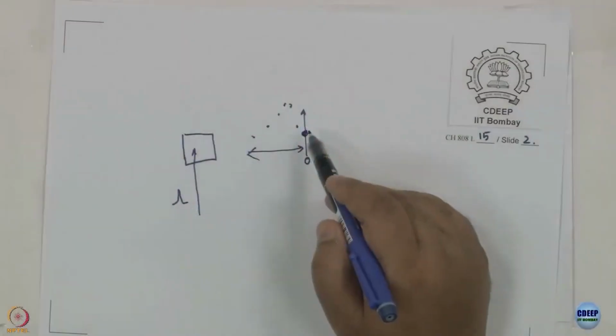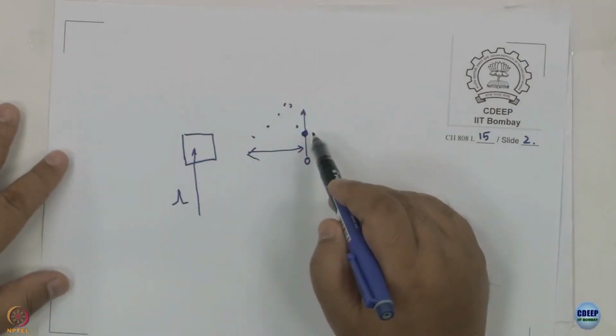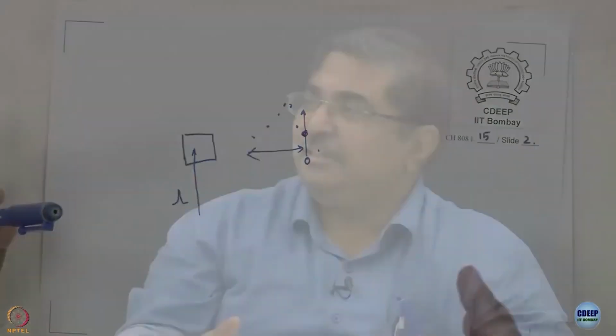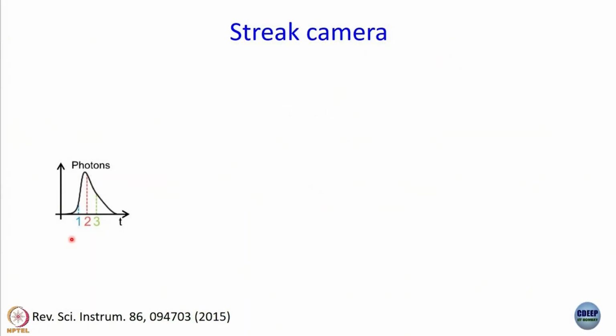Suppose I have a slit here at this point, then first the photons that have been emitted shortly after excitation will reach, followed by photons that have been emitted a little while later, and so on and so forth. So, this is basically a depiction of the same thing. We have some kind of a slit here, and what arrives there is not a bunch of photons altogether, but a distribution of photons.